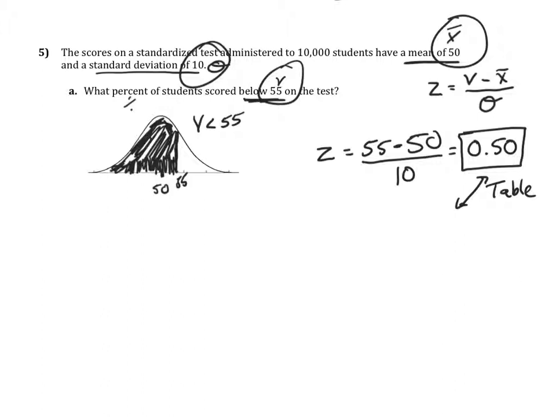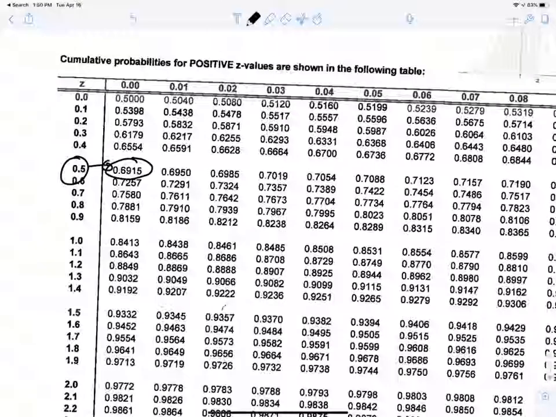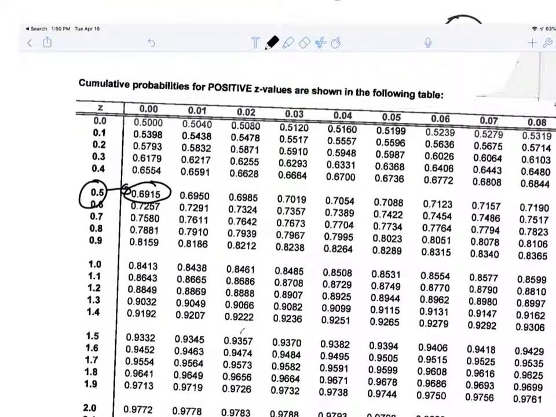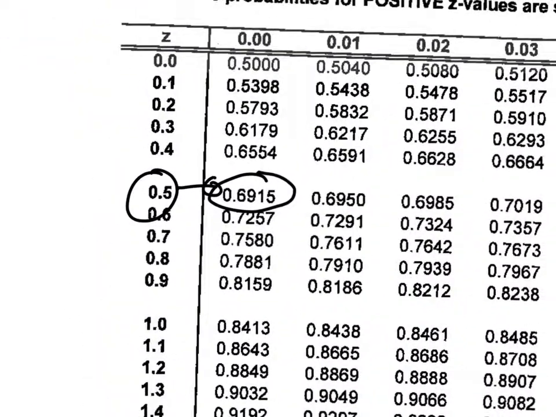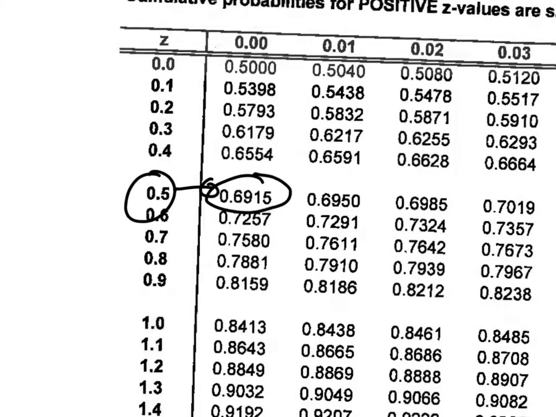Okay, so if we pull up our z-score table, I'm going to go ahead and put that up real quick. So our z-score table right here, if we look at that, we can see if we find 0.5, we'd be right here at 0.6915. Now we need to change this to a percent.